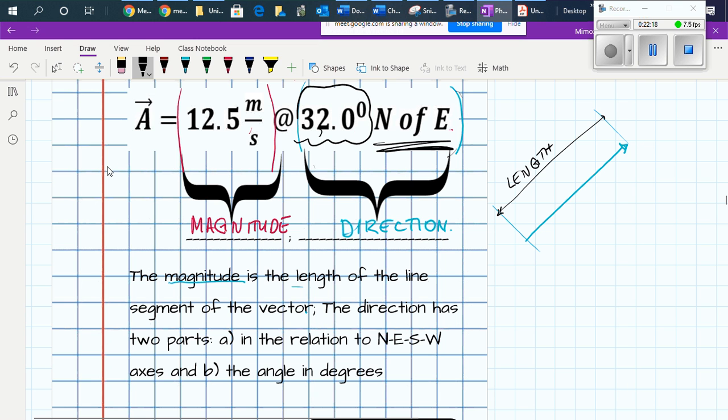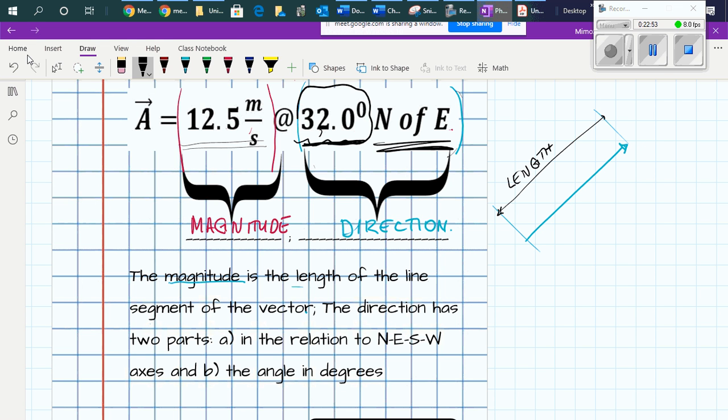What is the north-east-south-west axis? How can we represent the north-east-south-west axis? If the magnitude is telling us the length of the line segment, the angle is telling us what the angle is with either the north, east, south, or west axis.